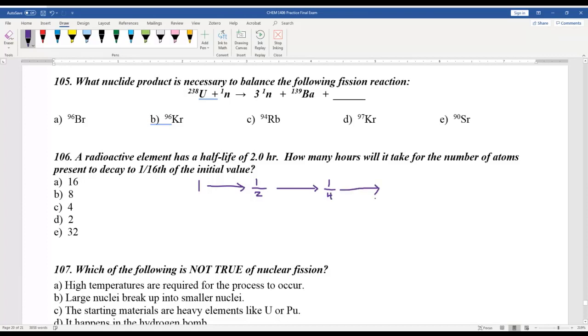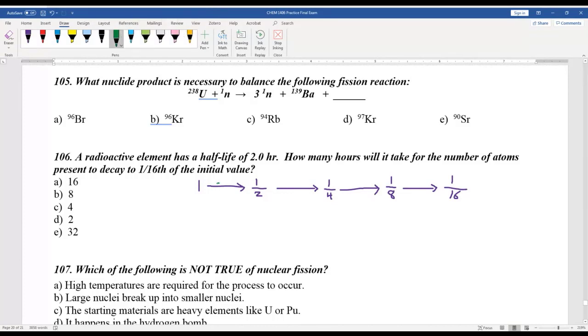After a third half-life, how much remains? 1/8, yep. And then after a fourth half-life, how much remains? Mm-hmm, 1/16. So to get down to 1/16, that means I need 4 half-lives.